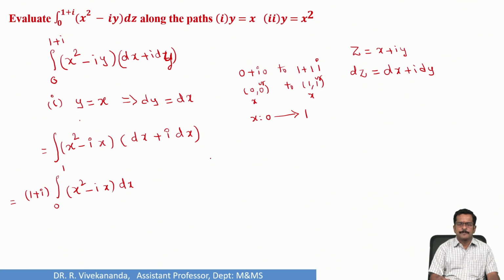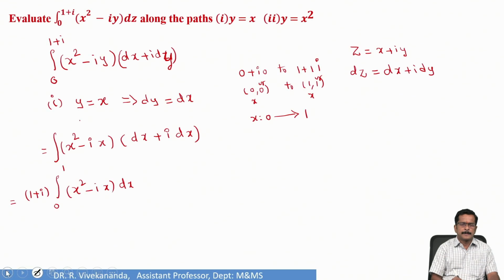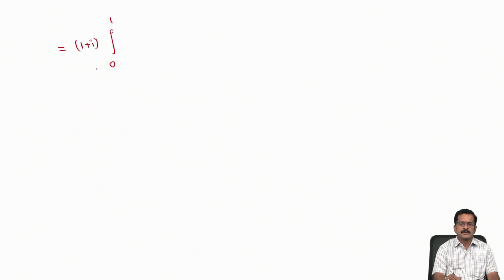So now, which is equal to 1 plus i, integration 0 to 1, x square minus ix into dx. Now perform integration.